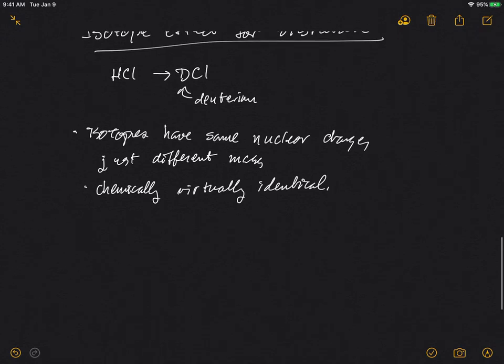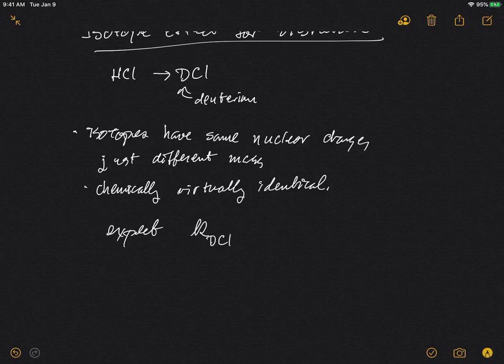Based on this reasoning, we would expect that the spring constant in the vibration of DCl is going to be the same as it is for HCl, right? That's just based on what we know about isotopes.